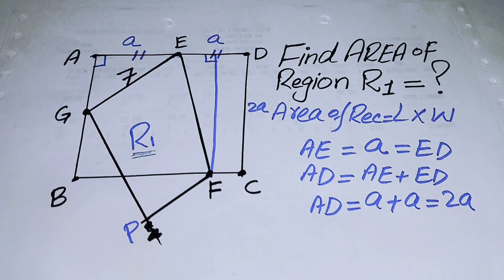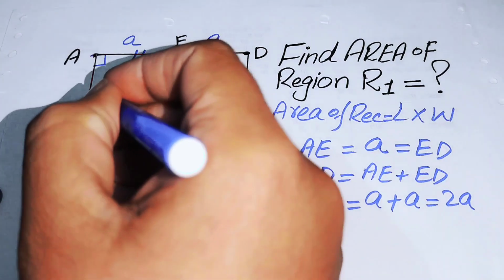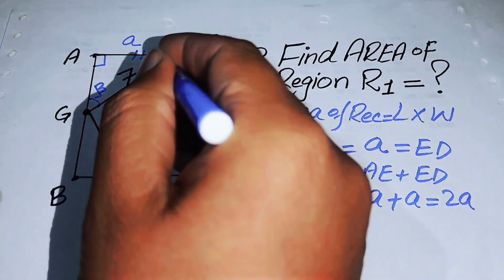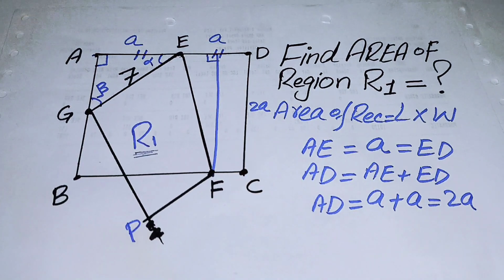Now here we use the concept of complementary angles. Two angles are complementary if they add up to 90 degrees. So we suppose that this angle is beta and this angle is alpha. Alpha and beta are complementary angles.